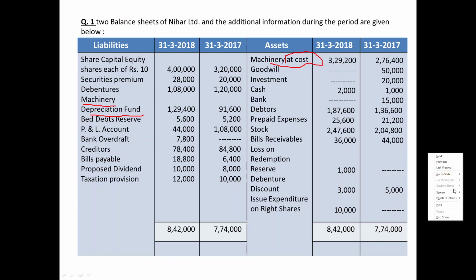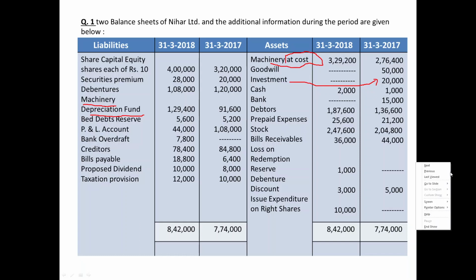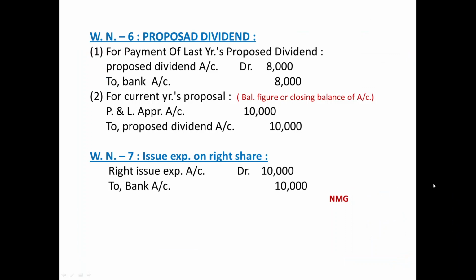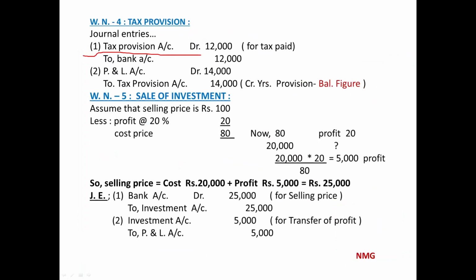What is the position of investment? See the asset side. Opening balance 20,000 versus no closing balance in 18. It means entire amount of investment has been sold in the current year with a profit of 20% on its sale proceeds.